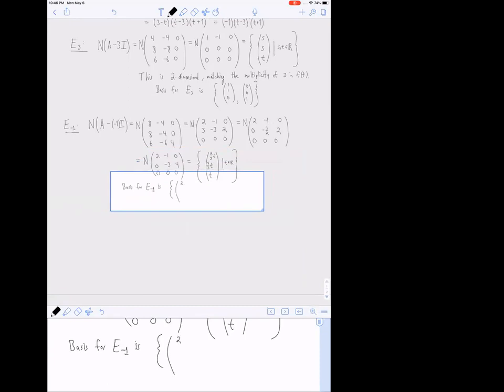So I have 2, 4, 3 as my basis for that eigenspace.